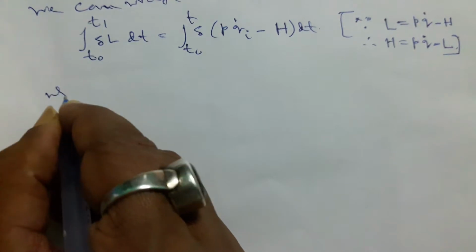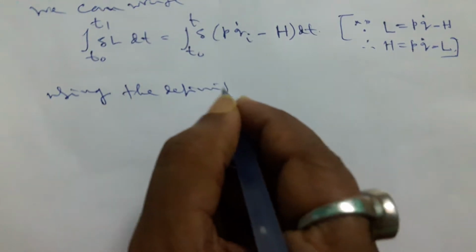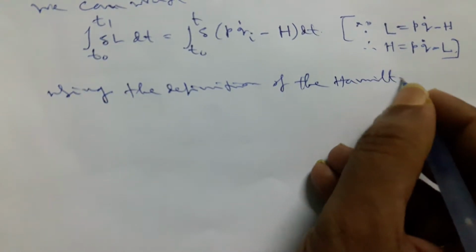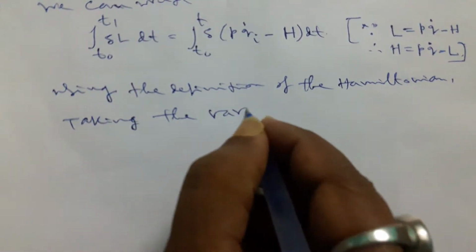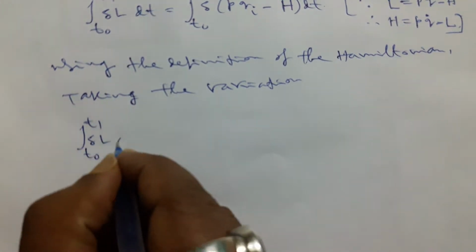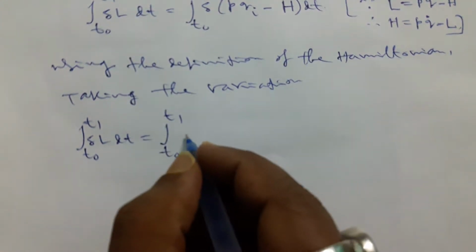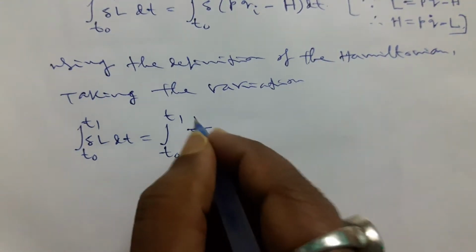Now using the definition of the Hamiltonian, taking the variation, so we have the integral t0 to t1 del L dt equals the integral t0 to t1 of the sum of i equals 1 up to n.